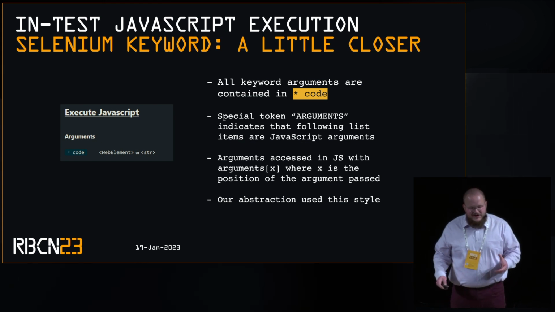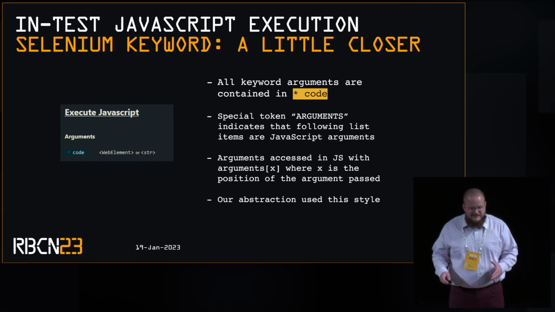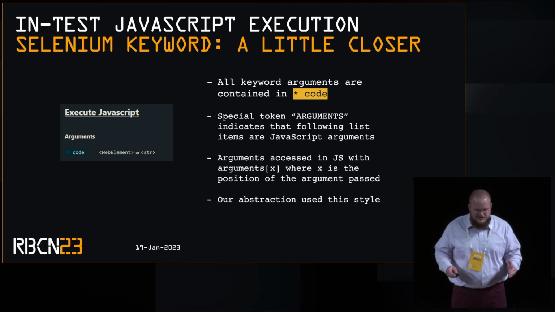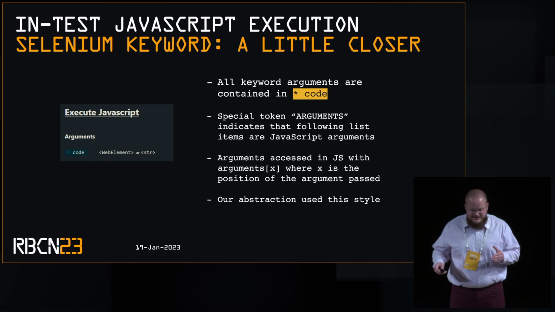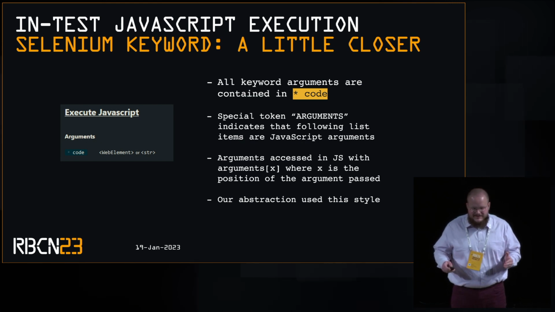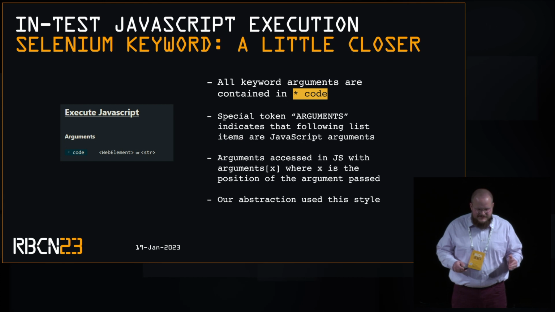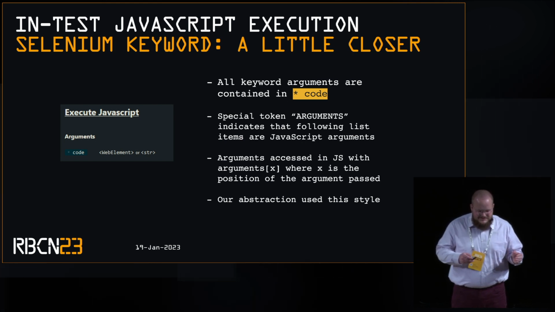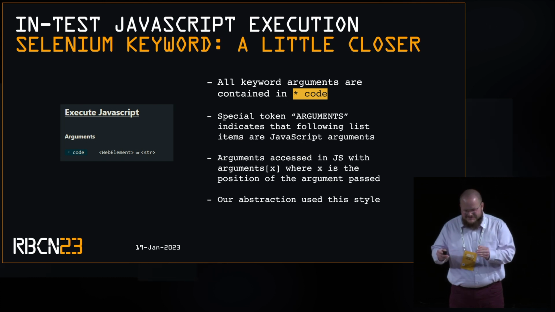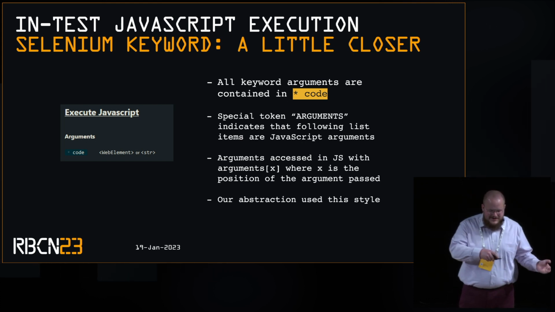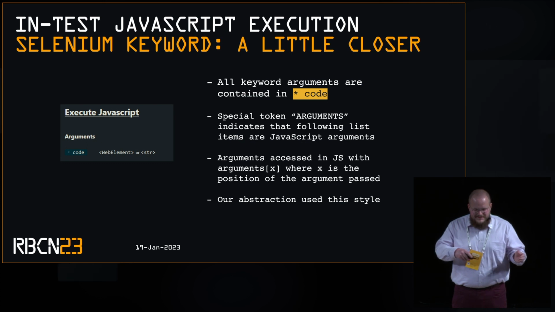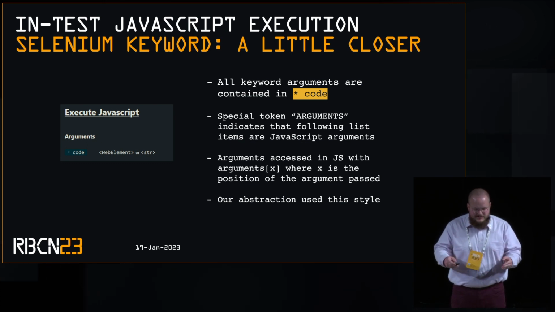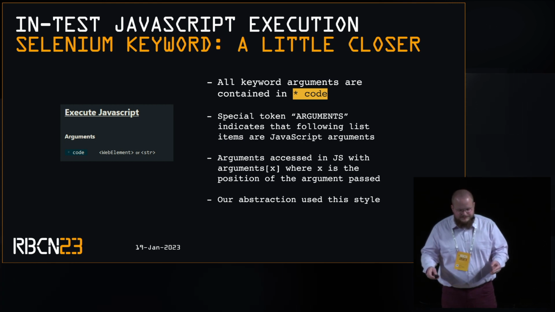All of the arguments for Execute JavaScript are contained in one unpacked list called code, which then has a special token called arguments in it. After that arguments token, all of the JavaScript arguments that you intend to pass to your JavaScript are accessible with a variable called arguments in your JavaScript code.